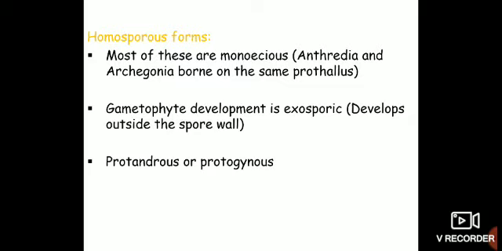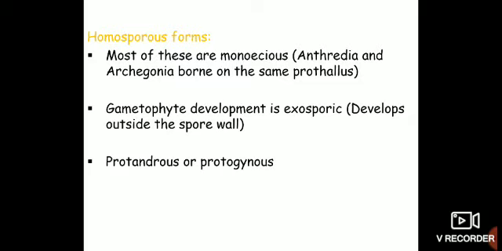I will repeat. The homosporous pteridophytes produce spores and these spores give rise to gametophytes, and the gametophyte can have both the male as well as the female sex organ. That means antheridia as well as archegonia, and hence we can say they are monoecious. Both male and female reproductive organs are present on the same thallus.